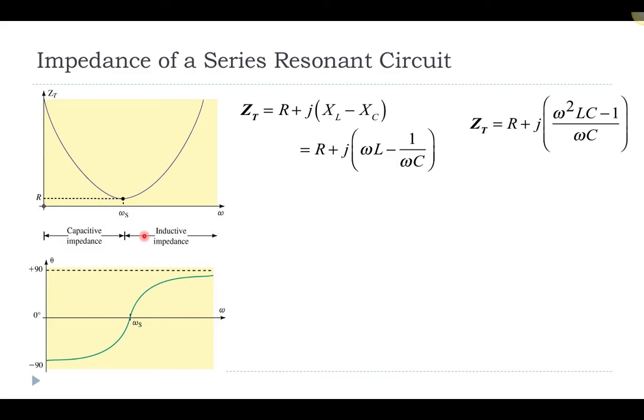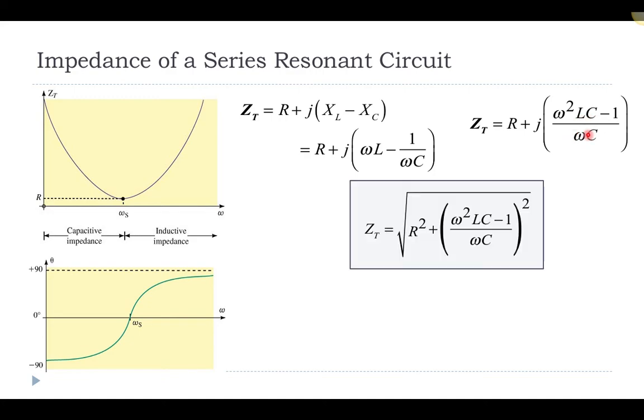And so we could actually write the total equivalent impedance by putting the reactive pieces over a common denominator of angular frequency times capacitance. So I multiply the term here by angular frequency and capacitance. I get angular frequency squared times the inductance times the capacitance. And then if I wanted to, I could convert this, which is in rectangular form, into polar form by squaring the real part and squaring the imaginary part.